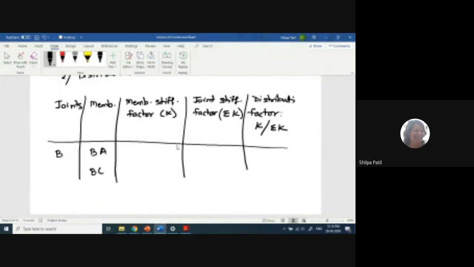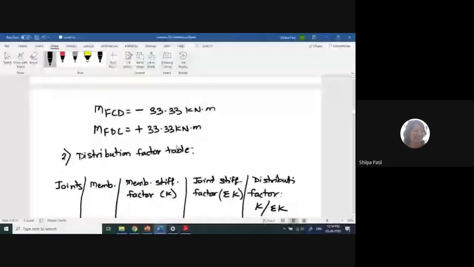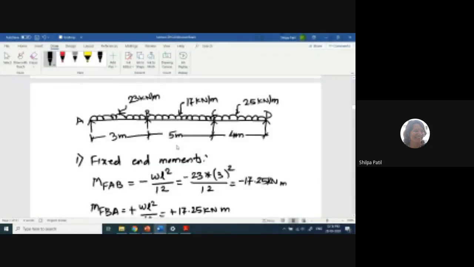What is the member stiffness factor? How is it calculated? Do you remember anything? 4 EI by L. Okay, when is it considered 4 EI by L and when to consider 3 EI by L? To find out the member stiffness factor for this joint B and for BA member, we have to consider the support condition of the far end.